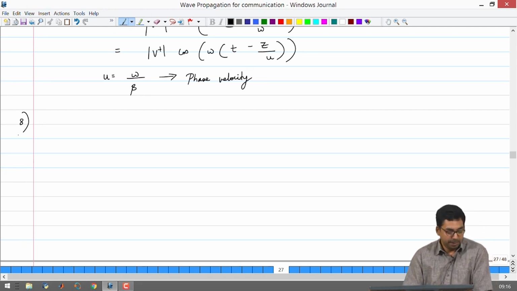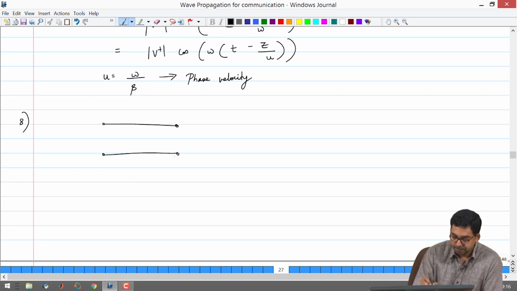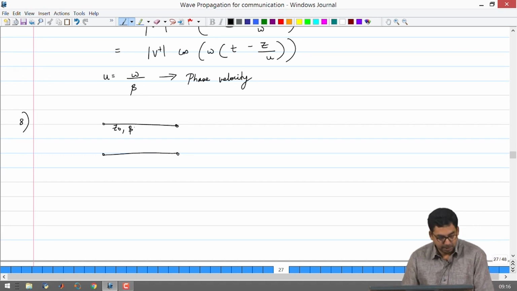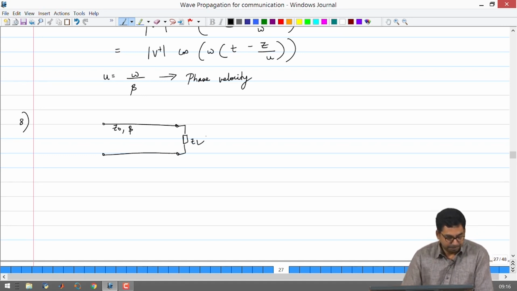Okay. So, we can start with a setup, alright. So, as usual we will forget the source part. Okay. So, we will start with some terminations. I will have a transmission line, okay, and let us say its characteristic impedance is Z naught, right. Phase constant is beta. I have a load resistor ZL.